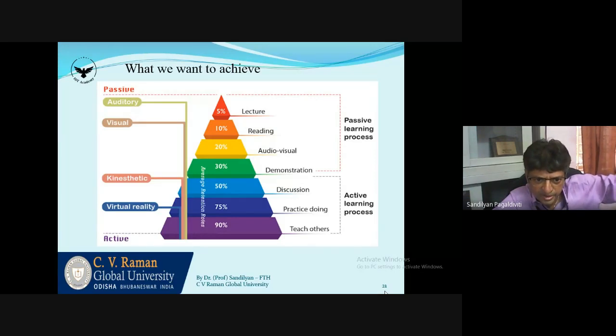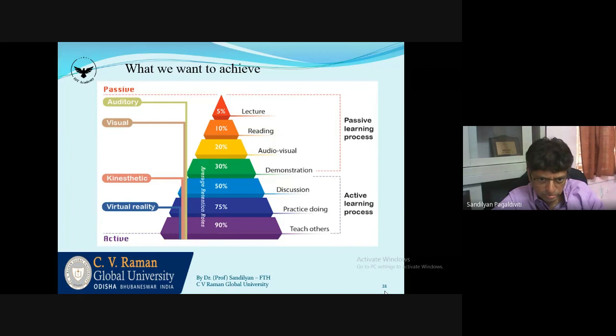Whereas the next three process, that is discussion, practicing, and when a student becomes a teacher and takes the session, that is what we call active learning, and that is where the student learns the most. The retention is highest, 90%, when you teach others.